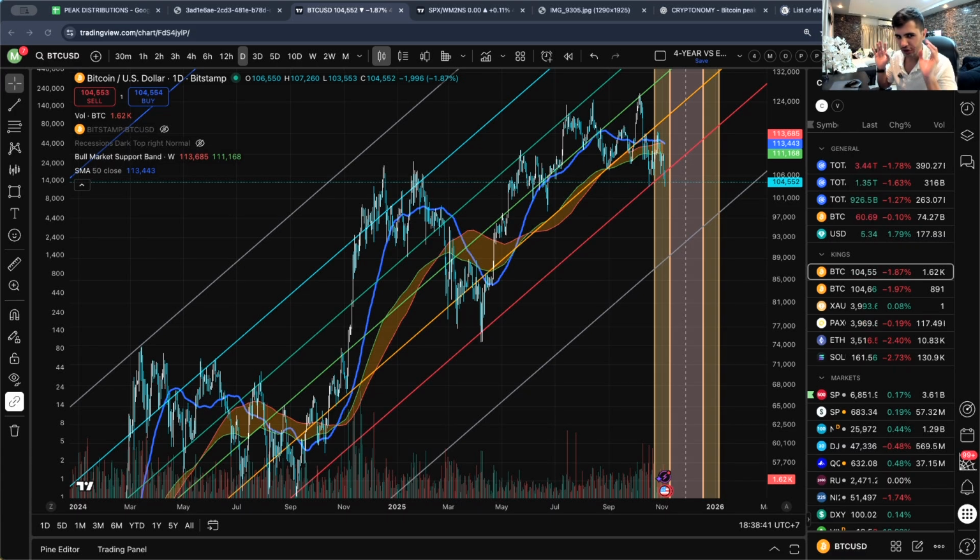Today we're going to continue with our mission to answer the question: is Bitcoin going to follow a 4-year cycle, or are we going to have an extended cycle? That's what we're trying to understand and answer with probabilities, with chances, with statistics, and with previous data. So we go into this with a completely unbiased approach.